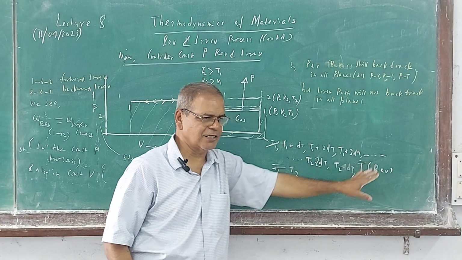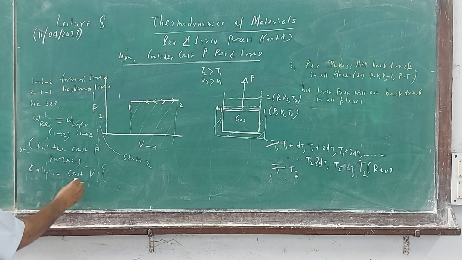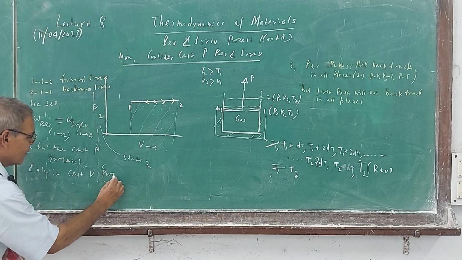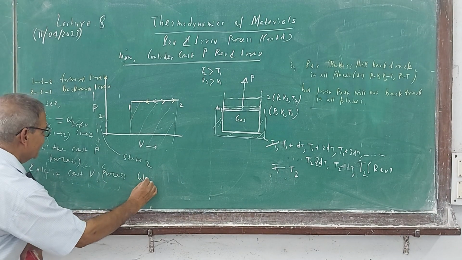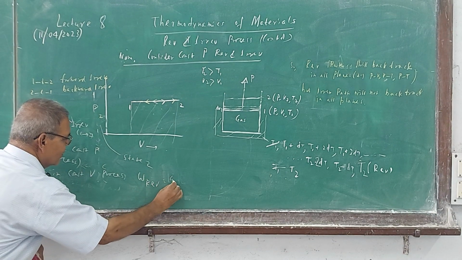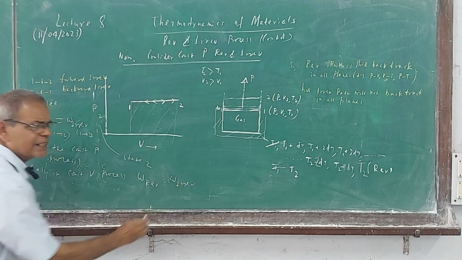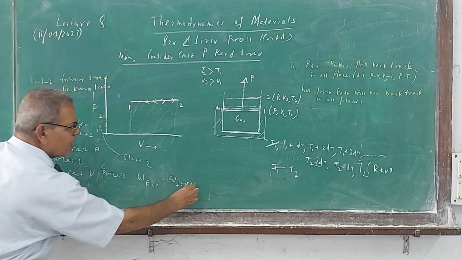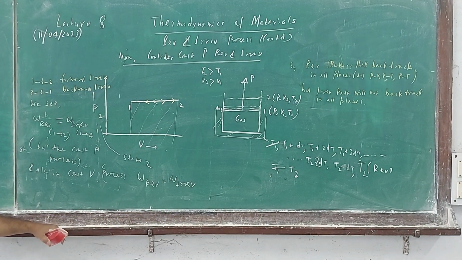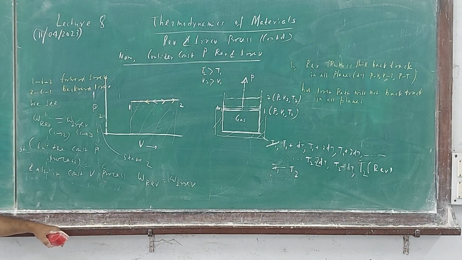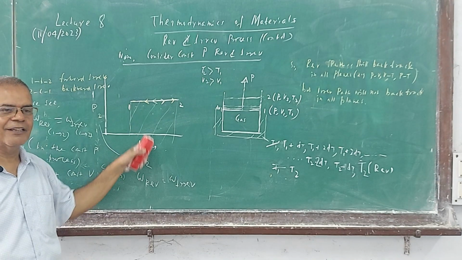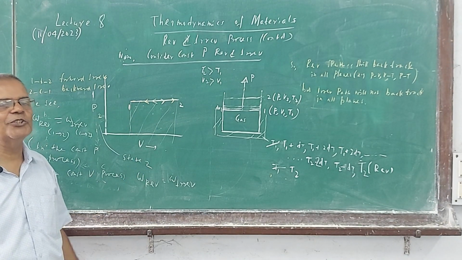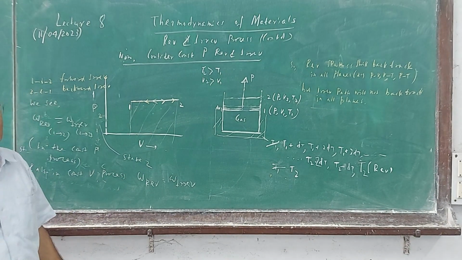So I am writing: also in the constant volume process, again the same, equal. And what are their values? Equal. Here equal, you see, the area under the curve is 0. No volume change, so P external dV is zero.